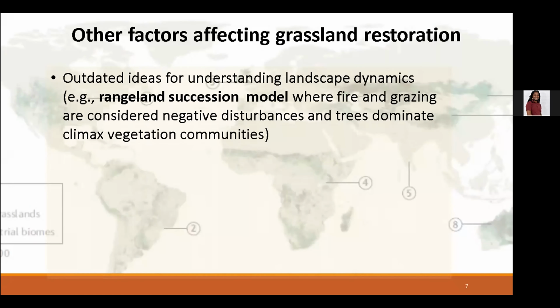So there are many other factors that, like I was saying, affect our understanding of grasslands. One of the key issues, especially in grasslands, is the rangeland succession model, whereby we think of grasslands as primitive systems on their way to becoming forests. And in these systems, fire and grazing are considered negative disturbances, which prevent trees from coming to the fore.